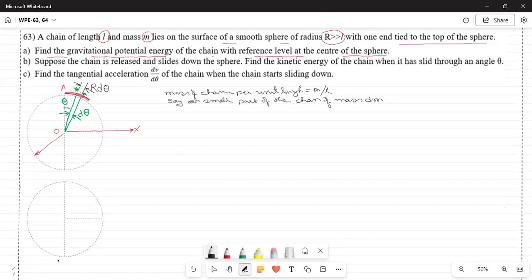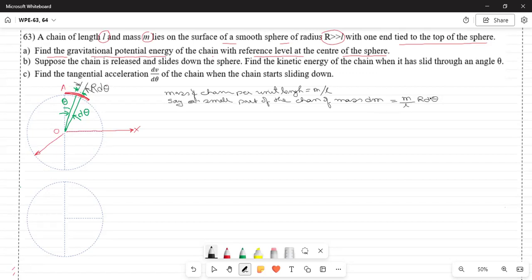So mass per unit length is m by L, so this dm will be equal to m by L into r d theta, because the length of this small part of the chain is r d theta, and mass per unit length is m by L.